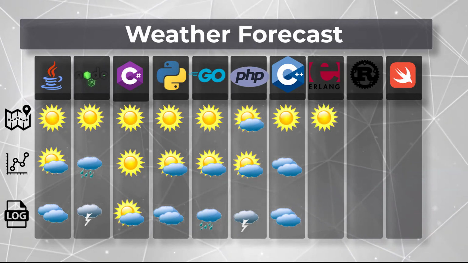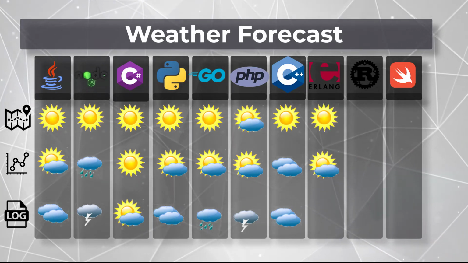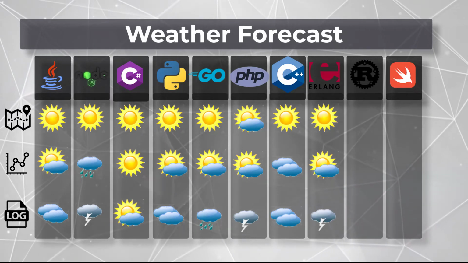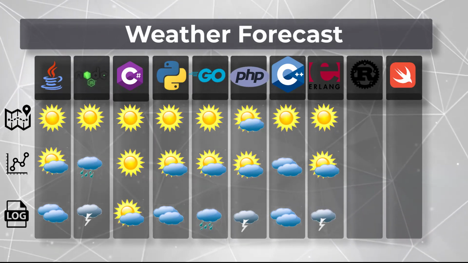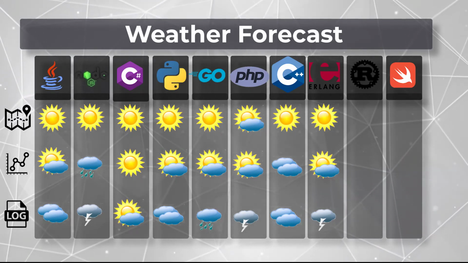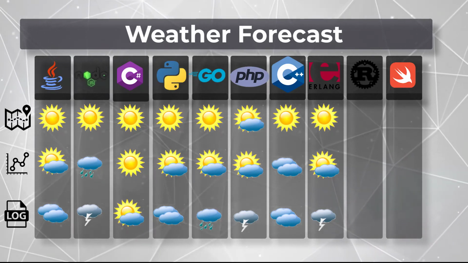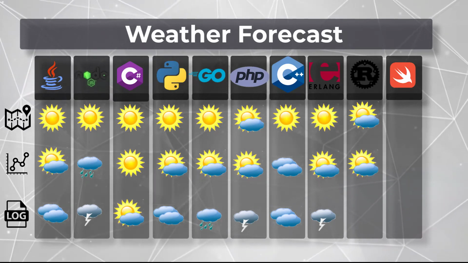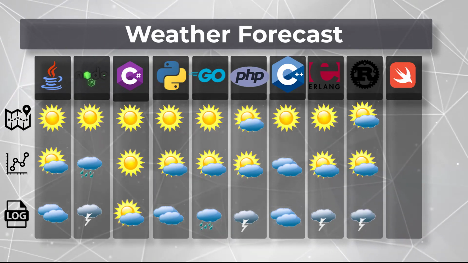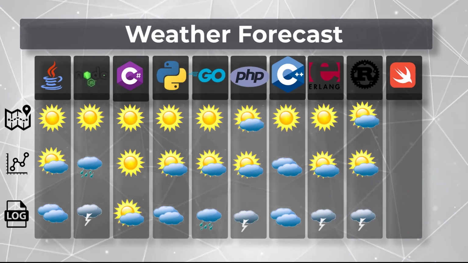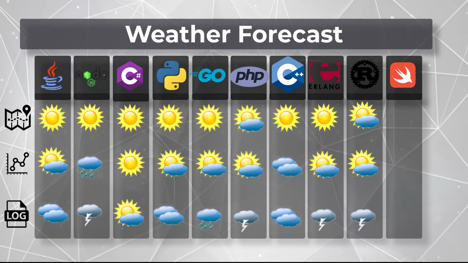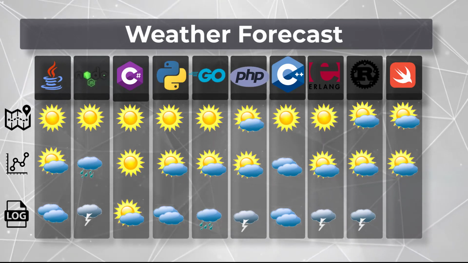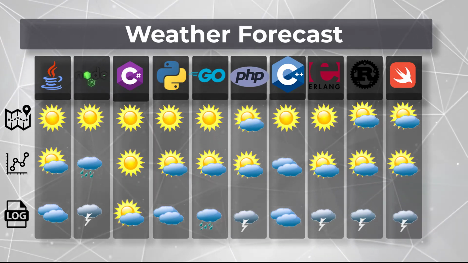Traces stable, metrics alpha, logs not implemented. Rust 0.17.0. Traces is beta, metrics alpha, and logs not implemented. Swift version 1.1.2. Tracing beta, metrics alpha, logging not implemented.